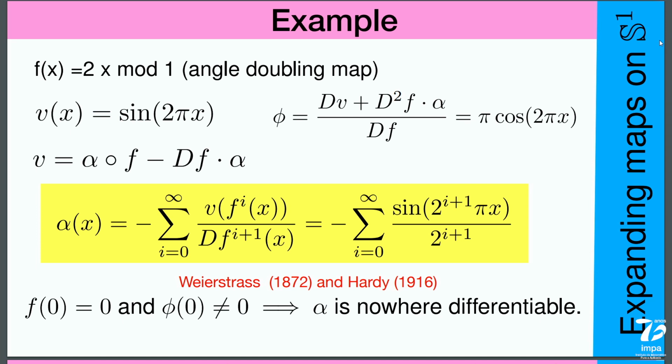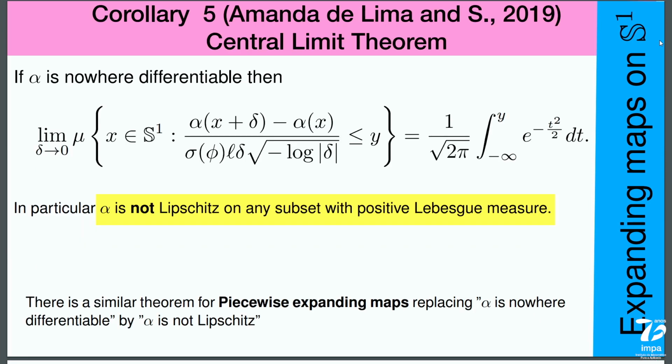So there's a classical result that you can prove using this dynamical argument. I like this a lot. Another thing is that you can be more qualitative. You can say, okay, it's nowhere differentiable, so it's hopeless, you cannot understand this. But you can actually be very precise about the regularity of this solution alpha for this homological equation. It satisfies some kind of central limit theorem.